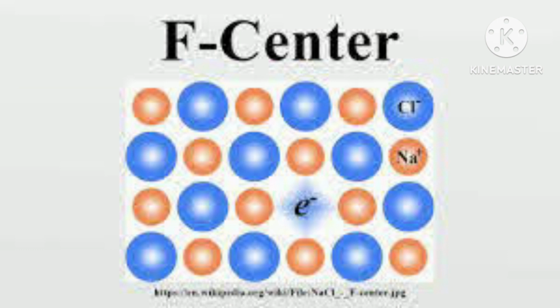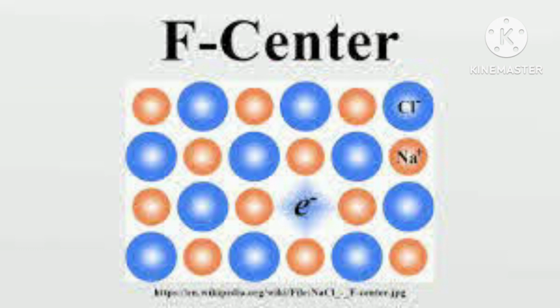Perfectly it is arranged. But if in the middle there is a gap, Na is not there, somewhere Cl is not there, then they are not called stoichiometry. That is called non-stoichiometry. I think we understood the meaning of stoichiometry and non-stoichiometry.